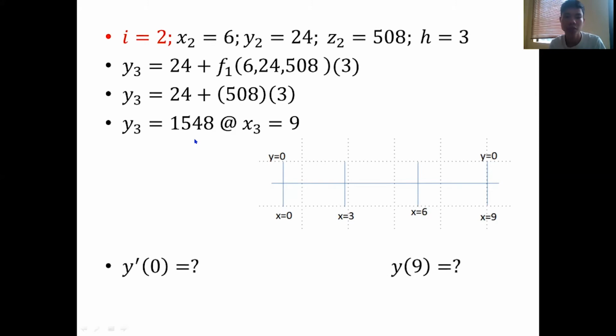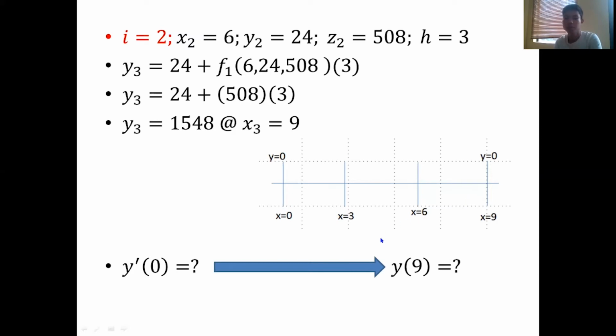Since our first shot is far from the exact target, we are going to take another trial, another shot. We are going to introduce another assumption for the value of z, or y prime, and see what value of y9 it will give at this point.